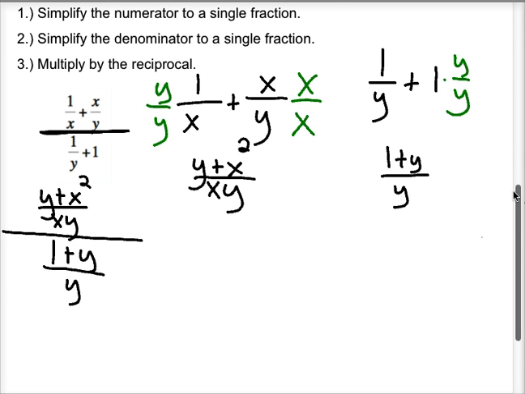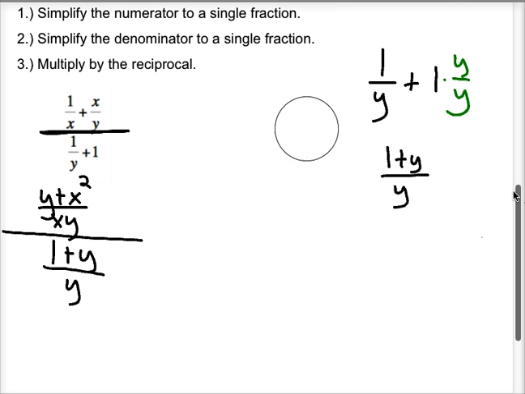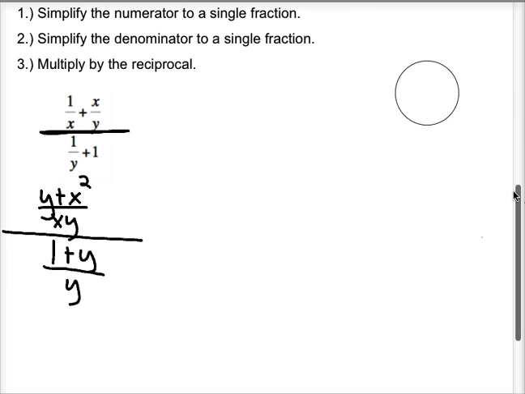So we have two fractions being divided. Well, we need to think, what does that mean for us? For two fractions to be divided, we can multiply by the reciprocal of the second one. Just so it doesn't get too messy up here, I am going to erase all of this.